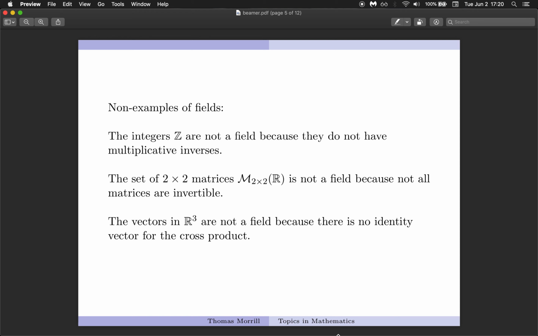Adding the zero vector to anything else, call it x, just gets us back to x. And there's even a form of multiplication on these vectors in the cross product. But the cross product does not have an identity vector. There's no vector that you can take the cross product of any vector v and get back to v. So for that reason, this vector space is also not a field.